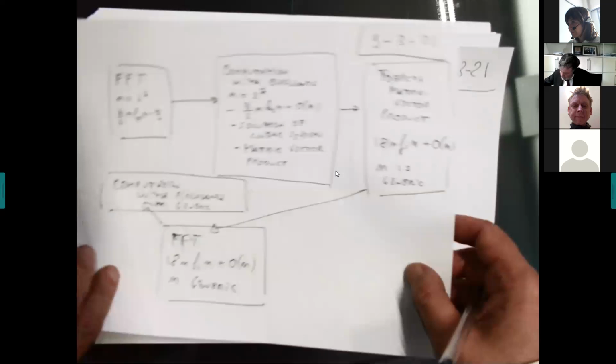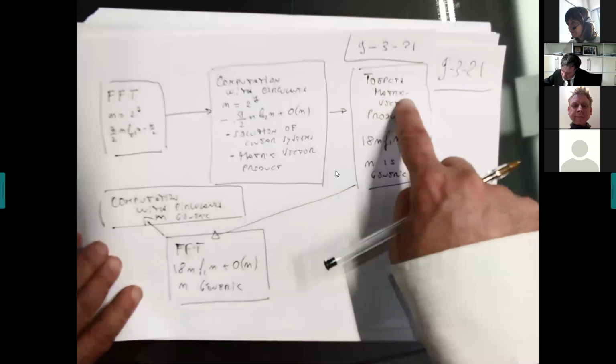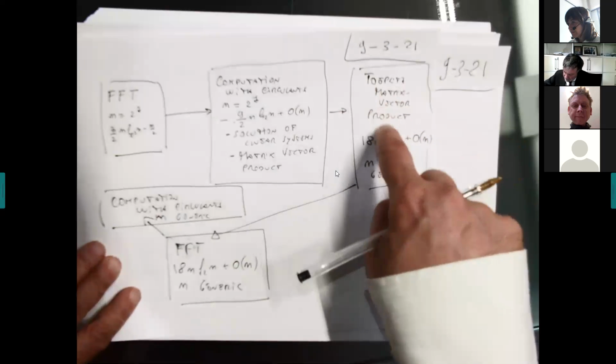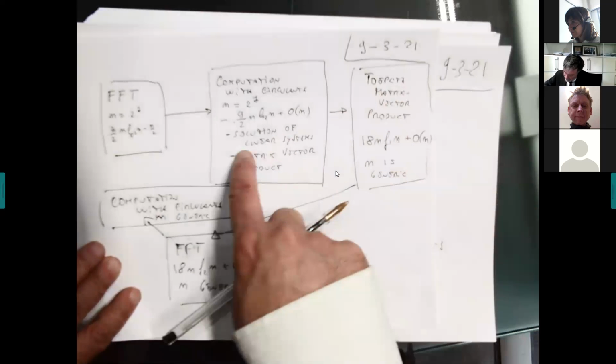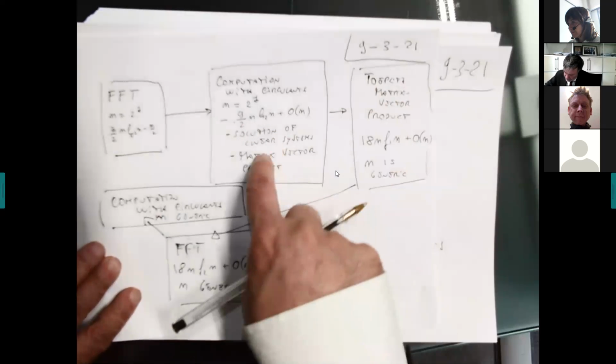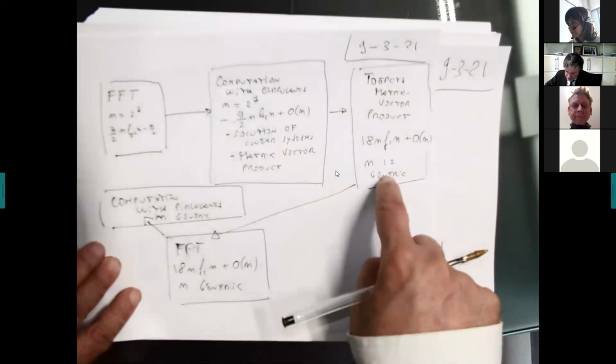You see, here I've written only Toeplitz matrix vector product. I've not written Toeplitz linear system solution, as I've written here with circulants. With circulants this is true, but for Toeplitz it is not.